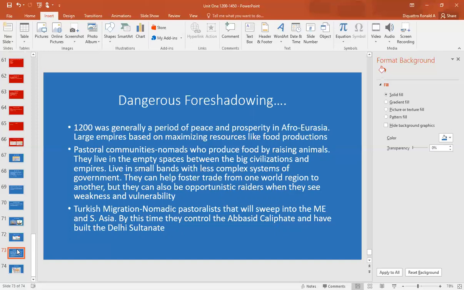They have less complex forms of government, and since they live in the gaps between the big civilizations, oftentimes they help facilitate trade from one world region to another. However, they can also get aggressive when they see weakness, when they see vulnerability. It's not unprecedented for them to turn into raiders and looters as well.